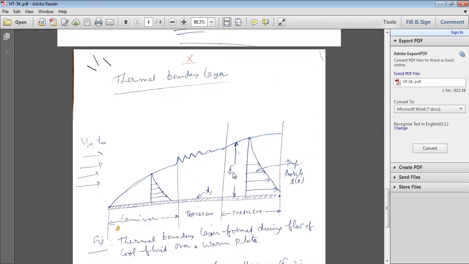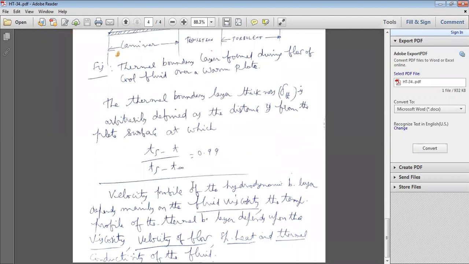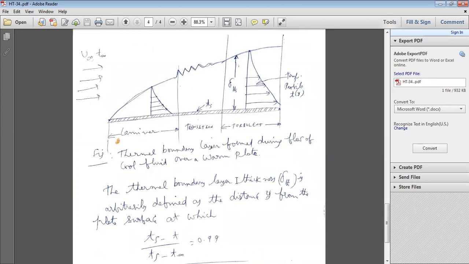In addition to delta and the skin friction coefficient, average friction coefficient, here you have to calculate the temperatures, heat transfer rate, convection heat transfer coefficient h, and the Nusselt number Nu. Those are the heat transfer parameters to be calculated. But this analysis is very, very important. If you thoroughly understand this analysis, then only will you be able to define the problem, analyze the problem, and solve the problem.